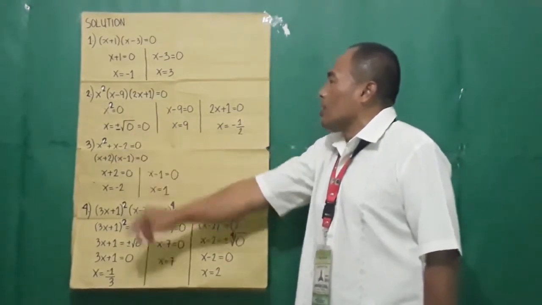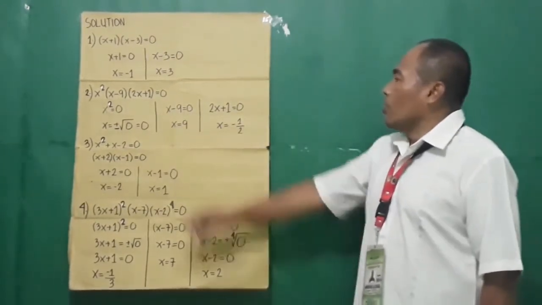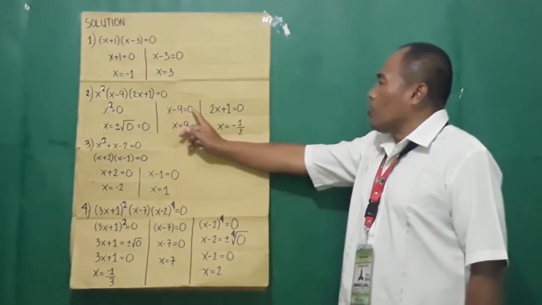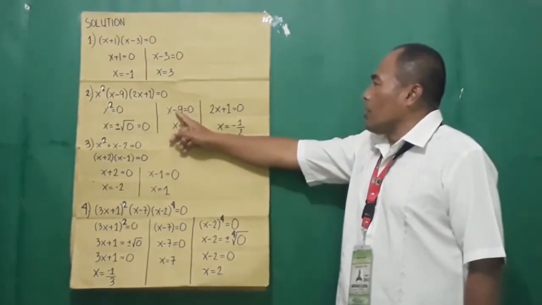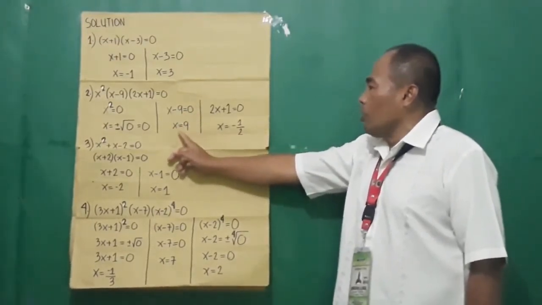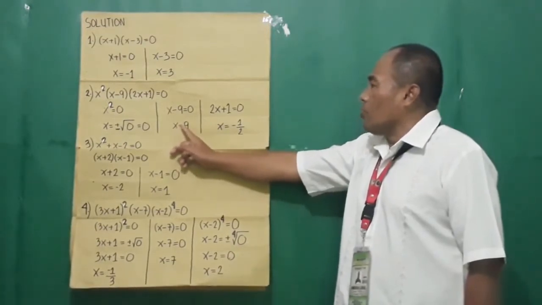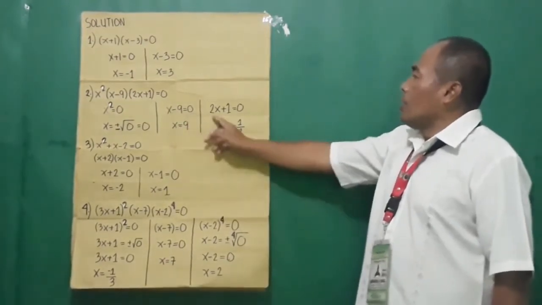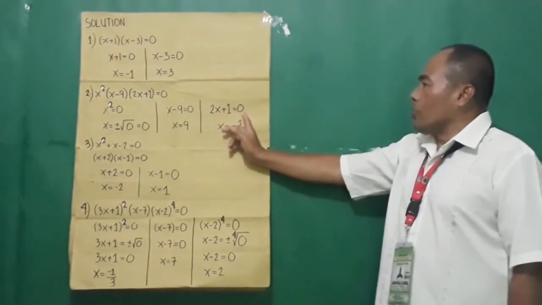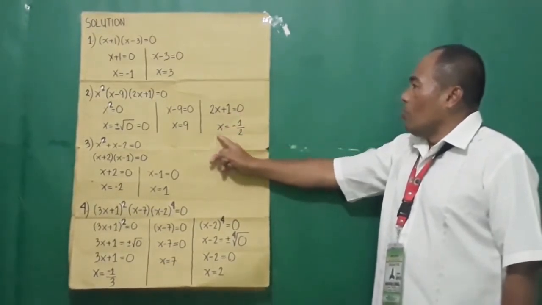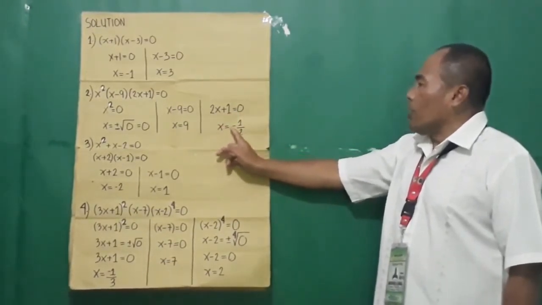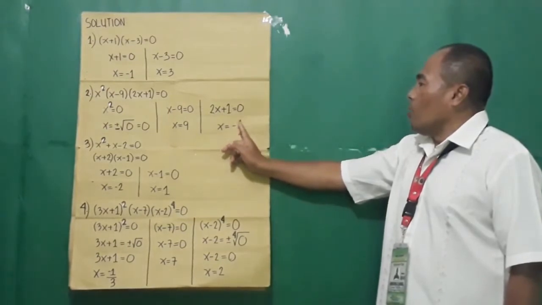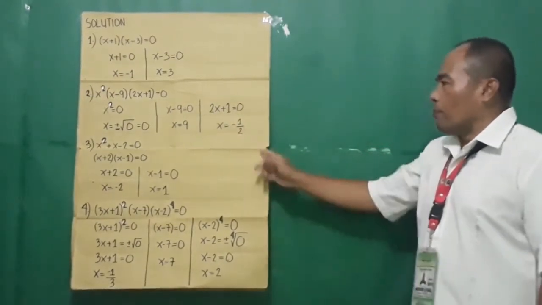Therefore, x = 0. x - 9 = 0. Transpose the negative 9 to the right side of the equation. So x = 9. 2x + 1 = 0. So, x = negative 1 over 2, or negative one half.